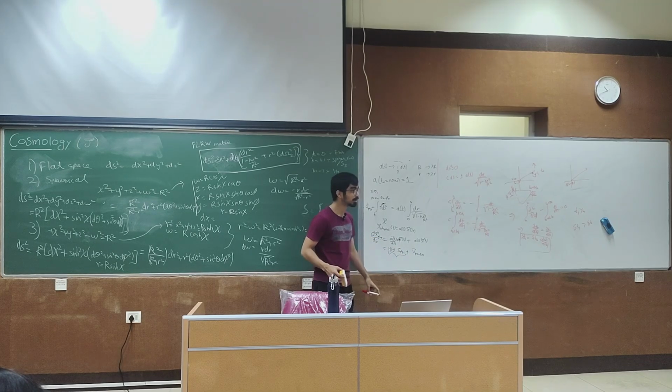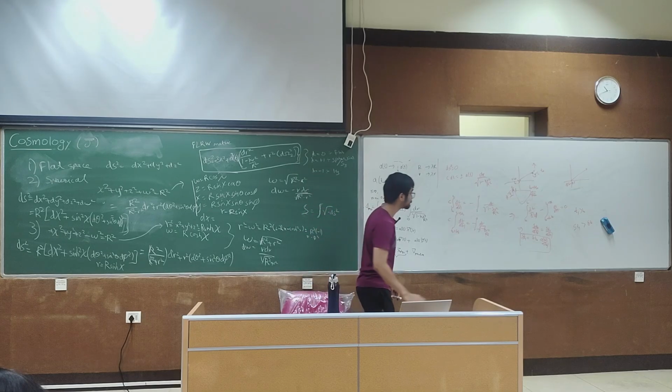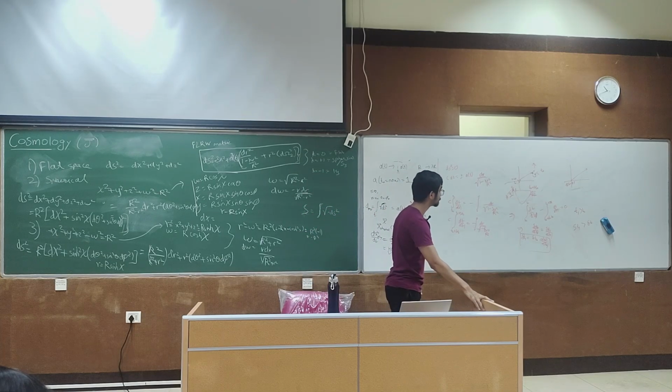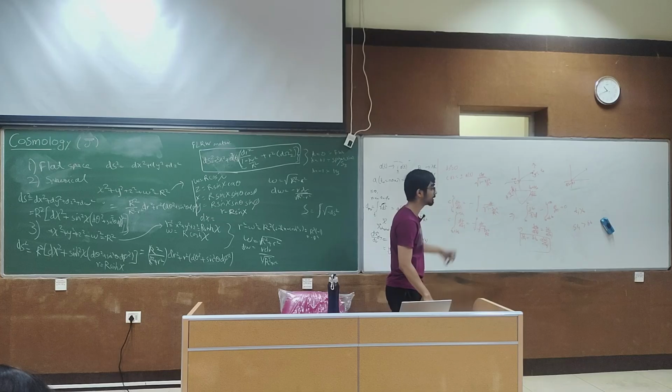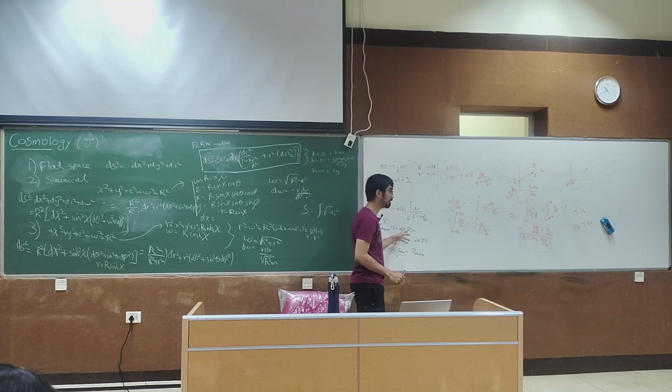The change in this distance is due to the change in time coordinates. Yeah, I mean, to be more precise, it changes due to the scale factor. The scale factor is increasing. Yeah, expansion is increasing.